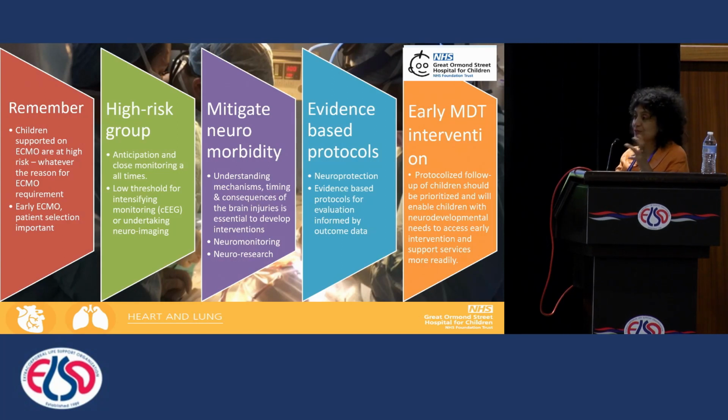I just put this up as a reminder for myself, that you have to remember that children supported on ECMO are at high risk, whatever the reason for ECMO may be. Early ECMO, patient selection is important. Anticipation and close monitoring at all times, have a very low threshold for intensifying monitoring or undertaking neuroimaging. Understand the mechanisms, the timing, and the consequences of brain injuries to develop interventions.